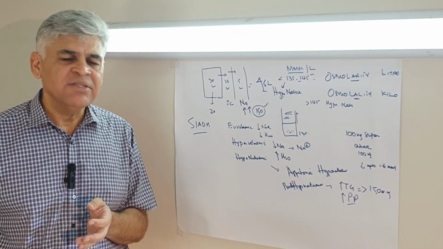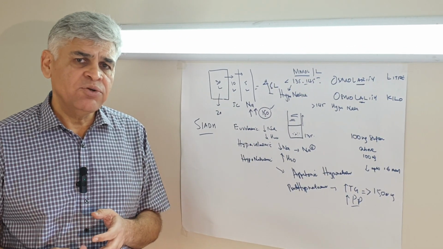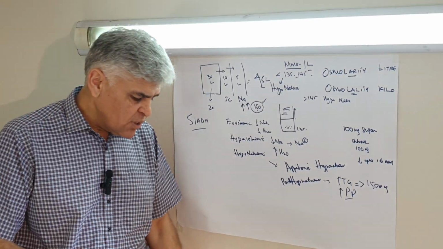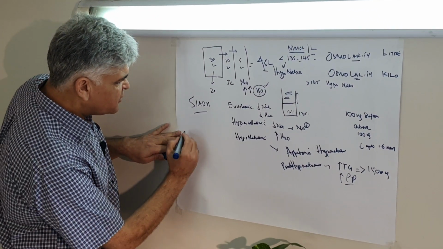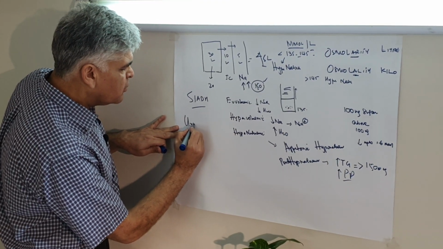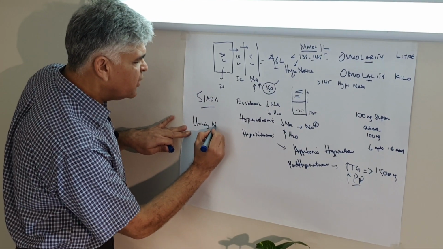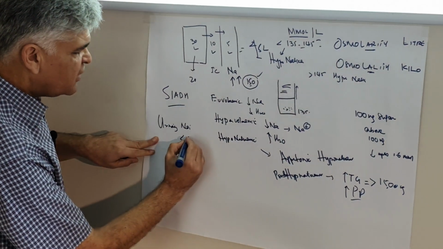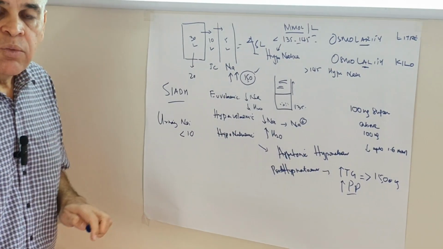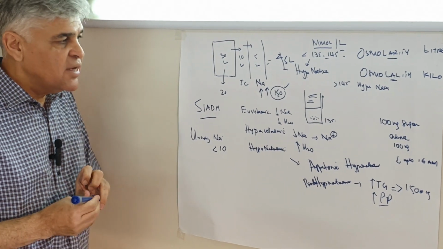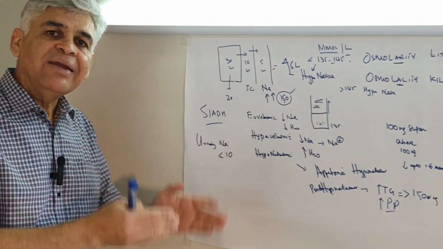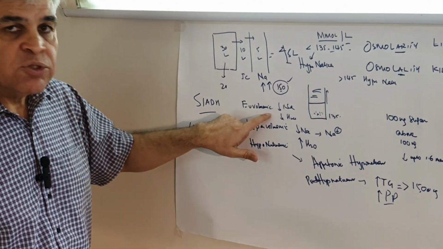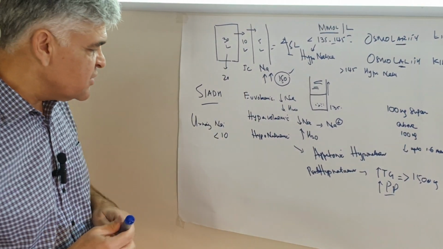And how do you come to the conclusion that this could be syndrome of inappropriate ADH? The easiest way is by measuring the urinary sodium. If the urinary sodium is less than 10, you're dealing with a classic pre-renal cause, for instance somebody who's lost fluid, that means hypovolemic hyponatremia.